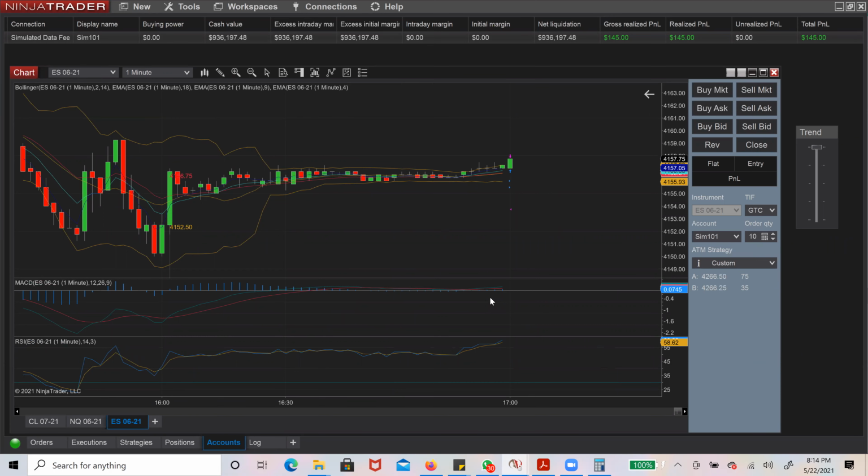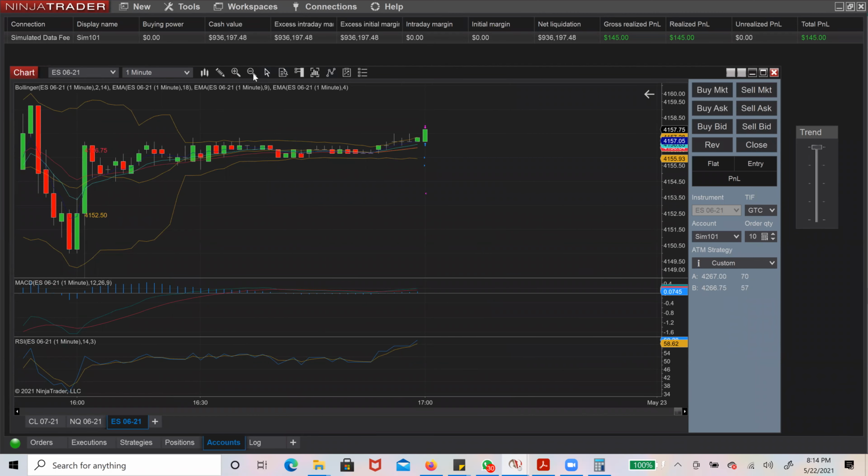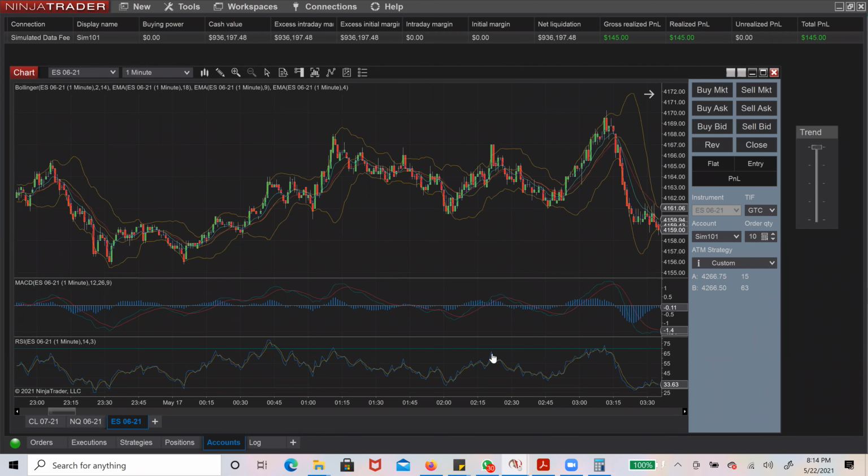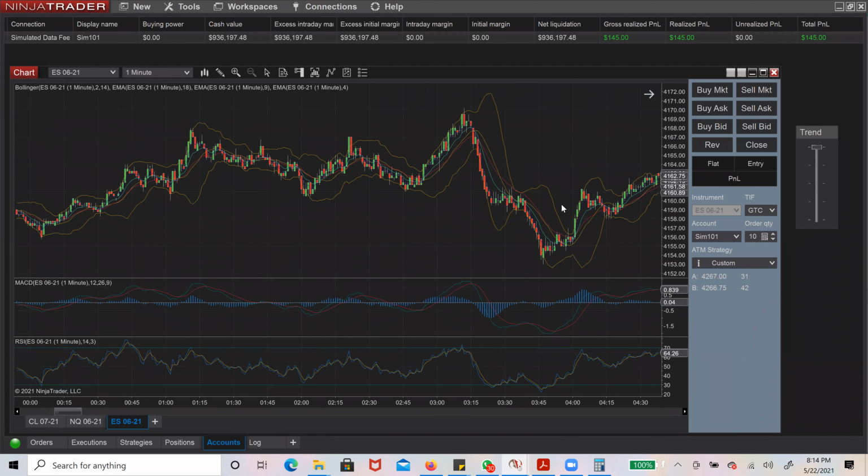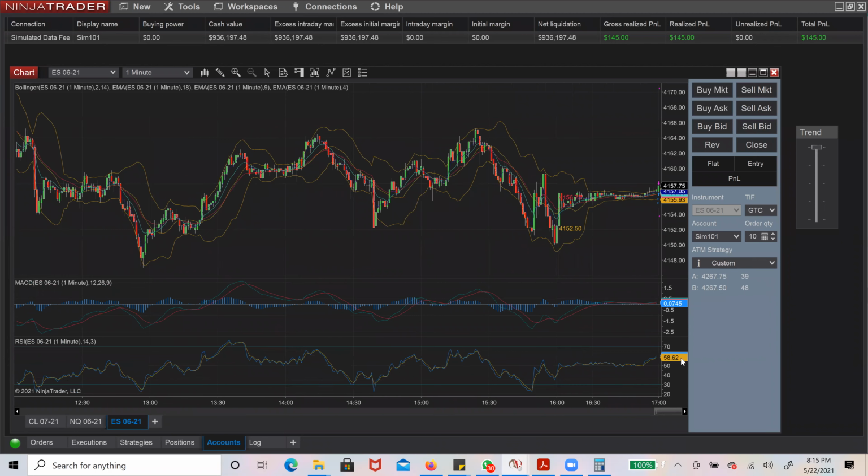What are the indicators showing me? This RSI is basically one of my friends telling me, if I'm looking at it right now, hey, I'm sitting at 58. What's going to happen? Either it's going to go further up to 70 and then fall down. The time it goes to 70 to 75, that's the maximum.